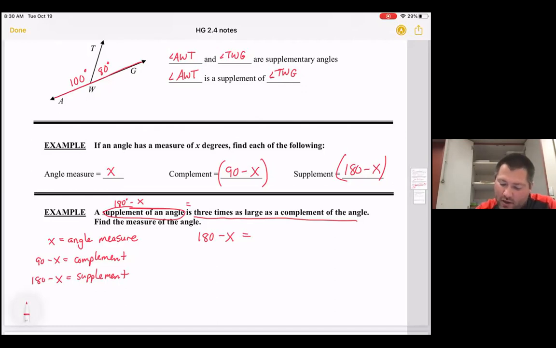So we're going to take 3 times the complement, which is 90 minus X. So 180 minus X is equal to 3 times 90 minus X. So supplement equals the complement times 3. And I got that from this stuff we wrote over here. So we go ahead and solve this.